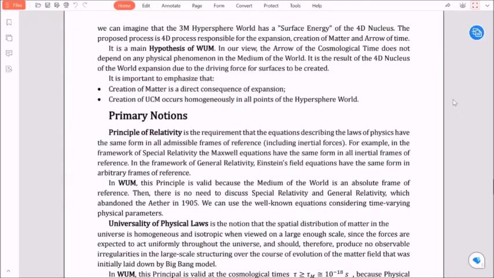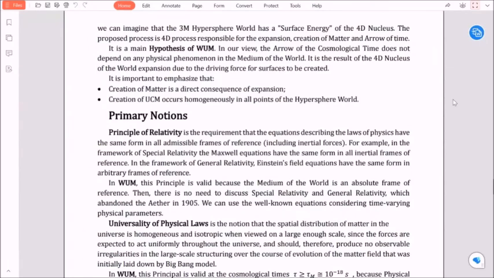It is the main hypothesis of WUM. In our view, the arrow of the cosmological time does not depend on any physical phenomenon in the medium of the world. It is the result of the 4D nucleus of the world expansion due to the driving force for surfaces to be created.